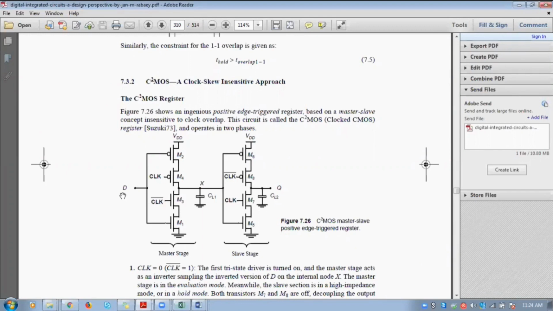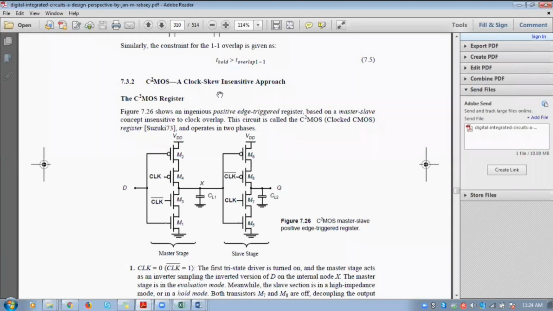According to the design, by seeing the clock which is connected to the NMOS of the slave, we can conclude that it is a positive edge triggered D register, because the positive and negative that we mention in the name of each and every dynamic or static register is based on its slave stage.